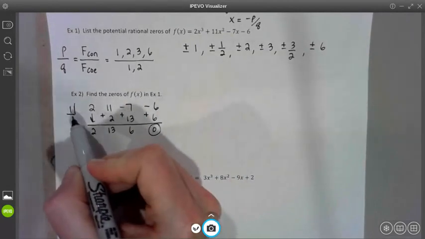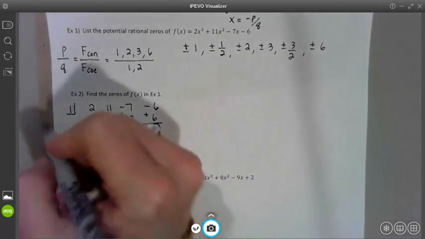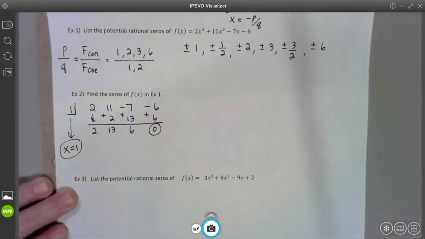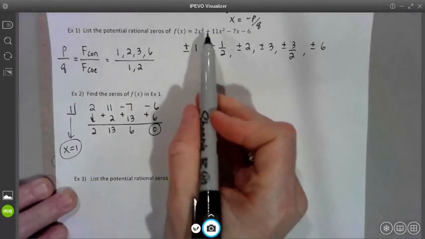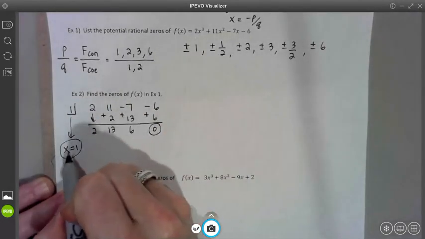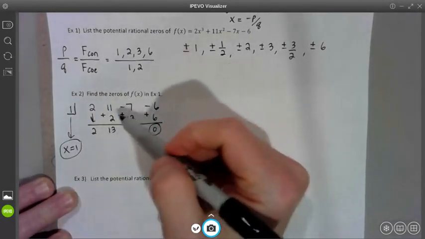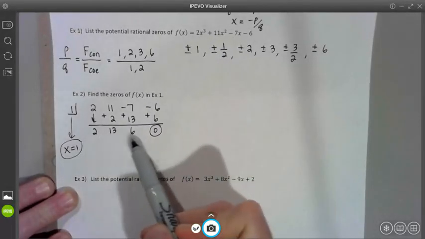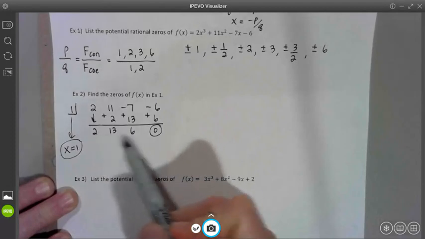It means it could be written as one of his factors. So right now I know one of the zeros is x equals 1. I know he's a 0, so hang on to him. He's one of my 3. So now, after I've done one round of synthetic division, this degree 3 polynomial has turned into a degree 2. So these are the coefficients to a degree 2 polynomial.